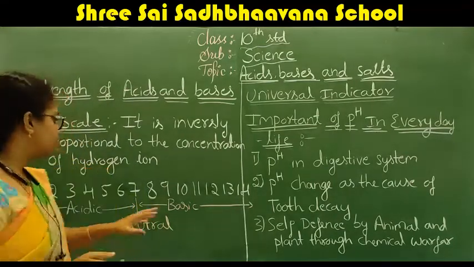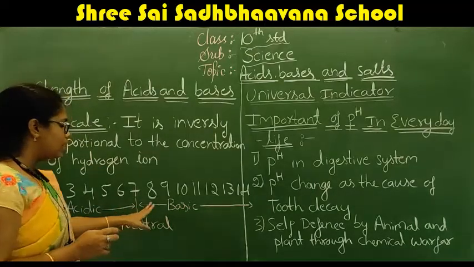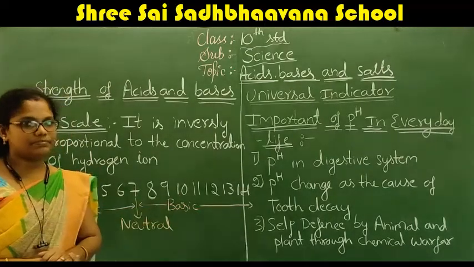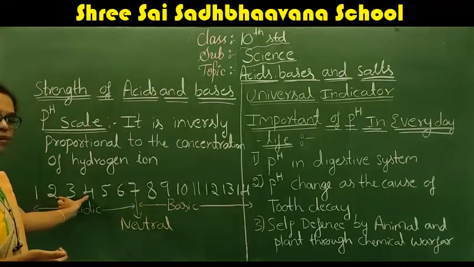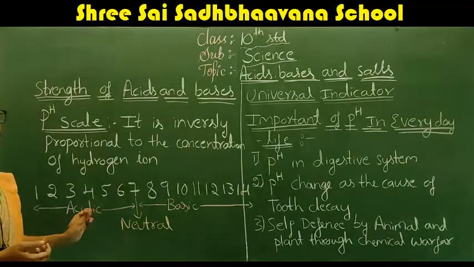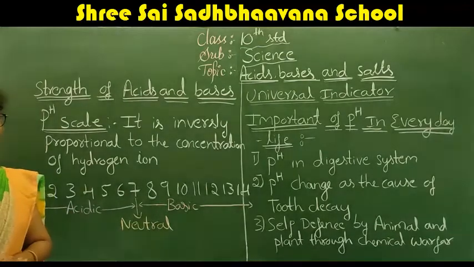Now you understand from 1 to 7 it is acidic, and from 8 to 14 it is basic. If the values come between 1 to 3 or 1 to 4, then those acids we call strong acids.